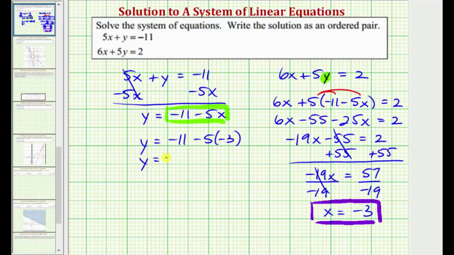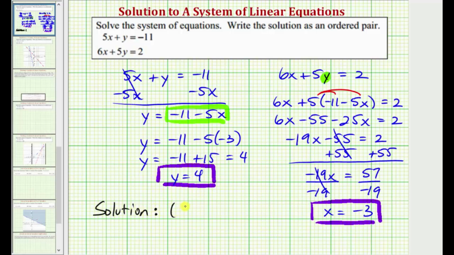So we have y equals negative 11 plus 15, which equals positive 4. Therefore, the solution to our system of equations is the ordered pair x comma y, or in this case, negative 3 comma 4.